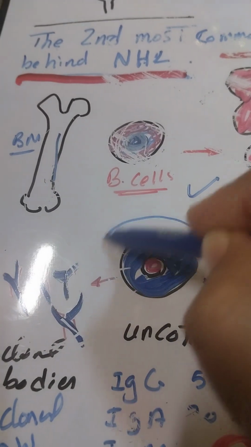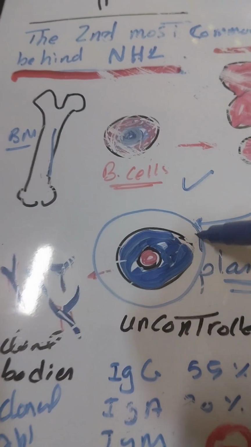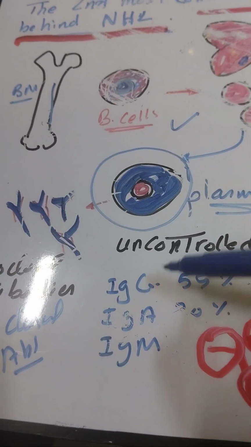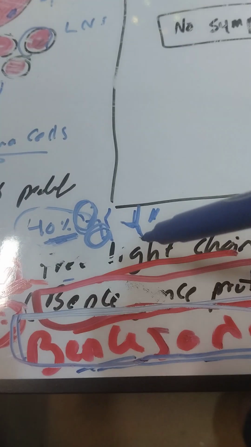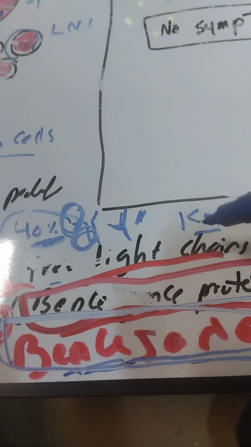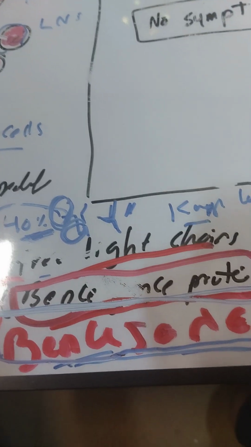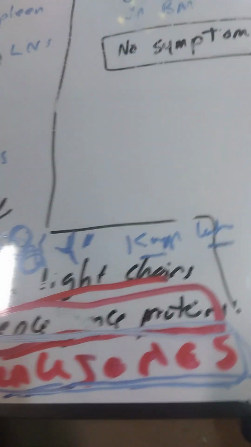Plasma cells produce large amounts of immunoglobulins like immunoglobulin G, which is the most common form, A, M, and also produce small parts of immunoglobulins like the kappa or lambda light chains, which are passed into the urine and produce what's called, this is a question here, Bence-Jones proteins in the urine.